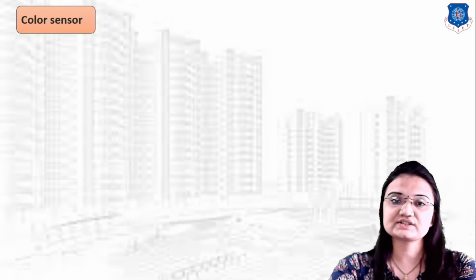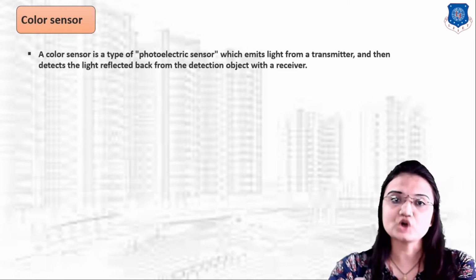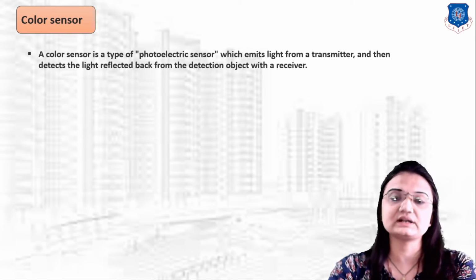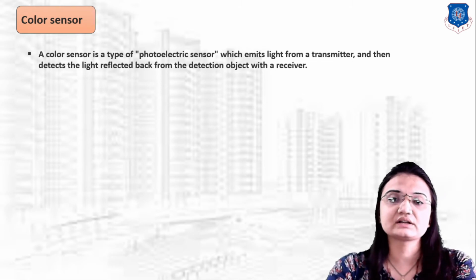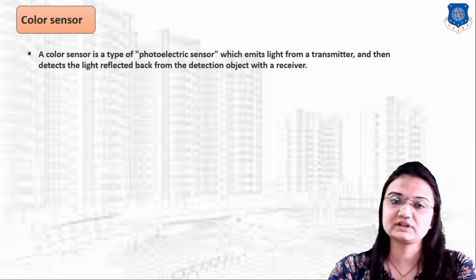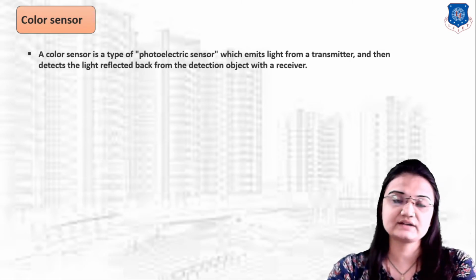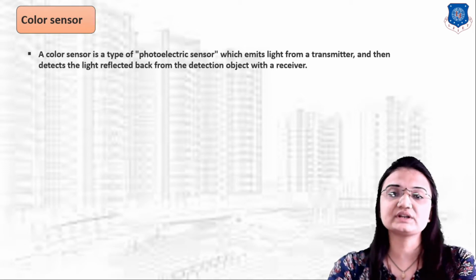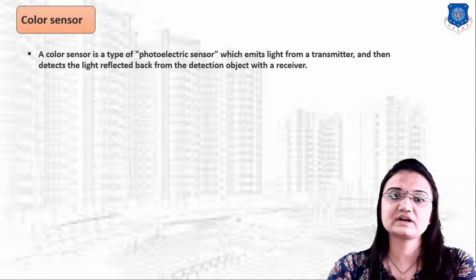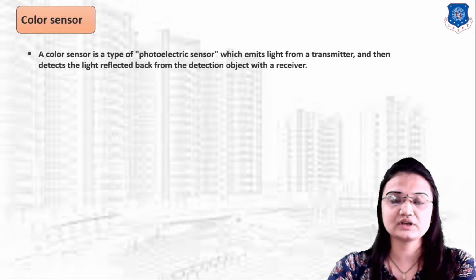Our next sensor is the color sensor. A color sensor is a photoelectric sensor which emits light from the transmitter and then detects the light reflected back from the object with the receiver. The transmitter emits the light to the object and the receiver detects the reflected light from the object.